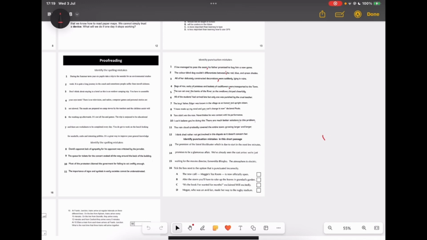Yes. Or just comma. And this should be lowercase t. So 5. The sun set over the banks of the river, should be lowercase r. As the swallows chirped cheerfully. This one, or in fact for the last one, this has no punctuation errors, but that should be lowercase t, so none. River, this one also has none, and that should be lowercase r.